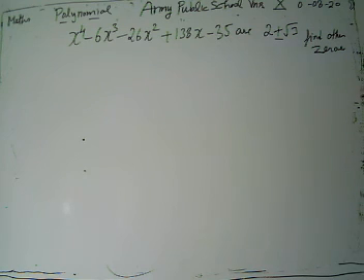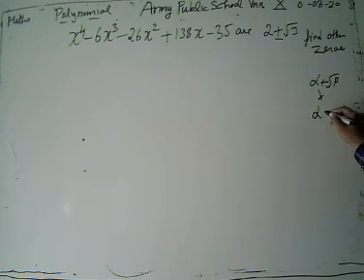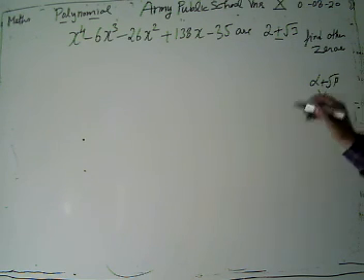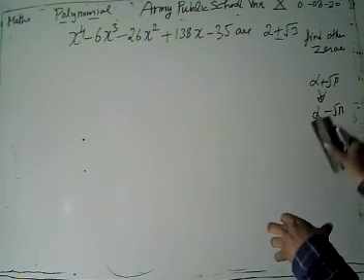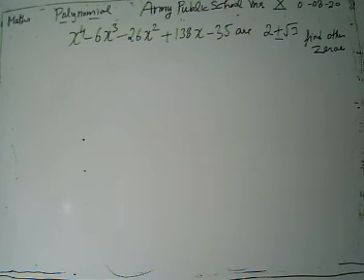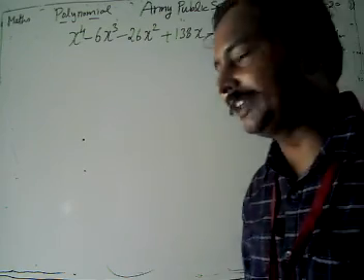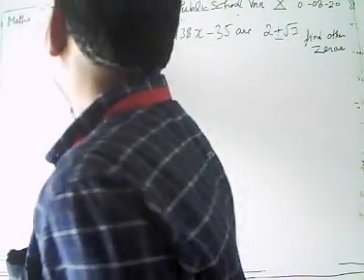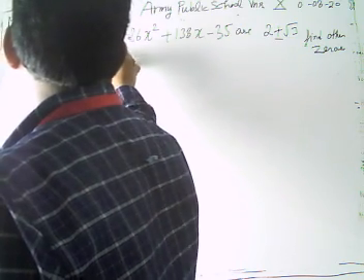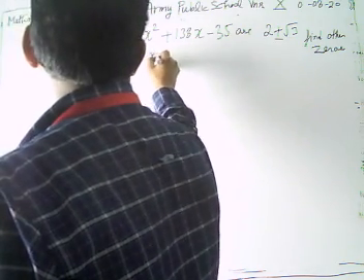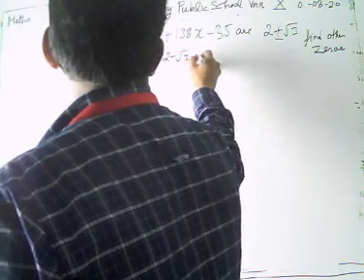Again one concept: whenever we have a zero a plus root b, there is also a minus root b. So we have two zeros of the type 2 plus root 3 and 2 minus root 3. It's a biquadratic, so the other two zeros remain. Given x equals 2 plus root 3 and x equals 2 minus root 3 are zeros.